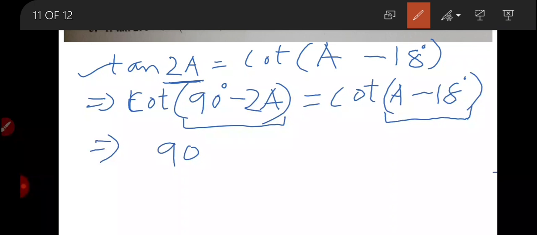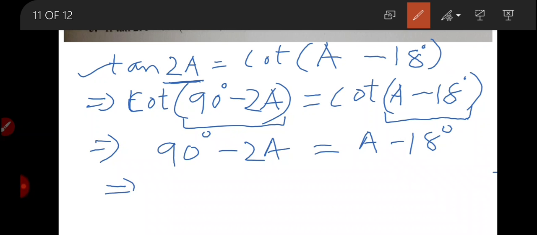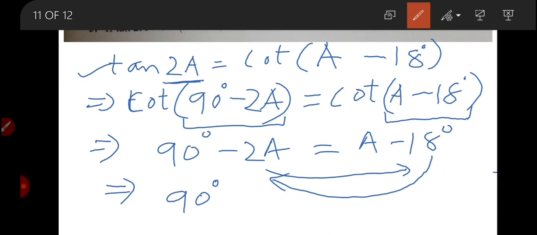So we can write 90 degree minus 2A equal to A minus 18 degree. So now solve this equation. 2A you take to the right side and 18 degree take to the left side, then 90 degree plus 18 degree is equal to A plus 2A.